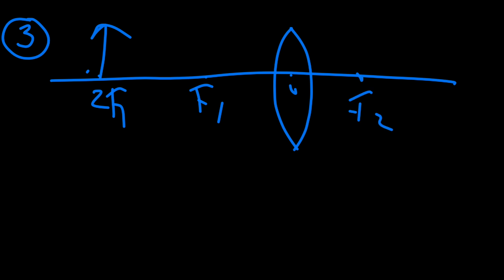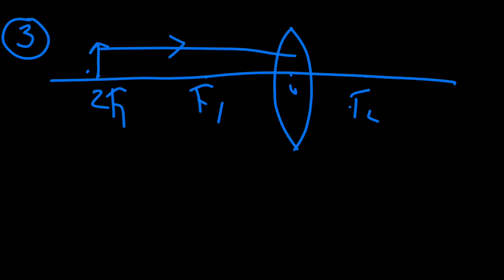Let's move on to the third situation now. The object has to come a little bit closer to the lens. Optic center, F1 and 2F1. When a light ray passes parallel to the principal axis, after refraction, it passes through the focus.